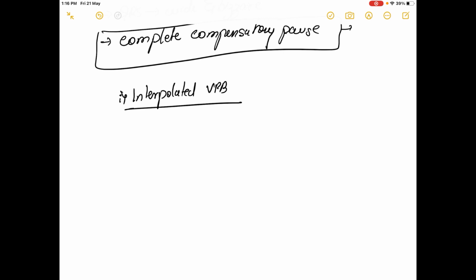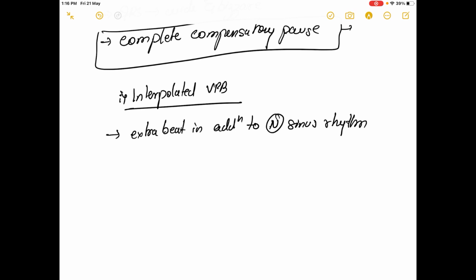Here, there is an extra beat in addition to the normal sinus rhythm, with no pause, and the PR interval might be prolonged. The PR interval may be prolonged.